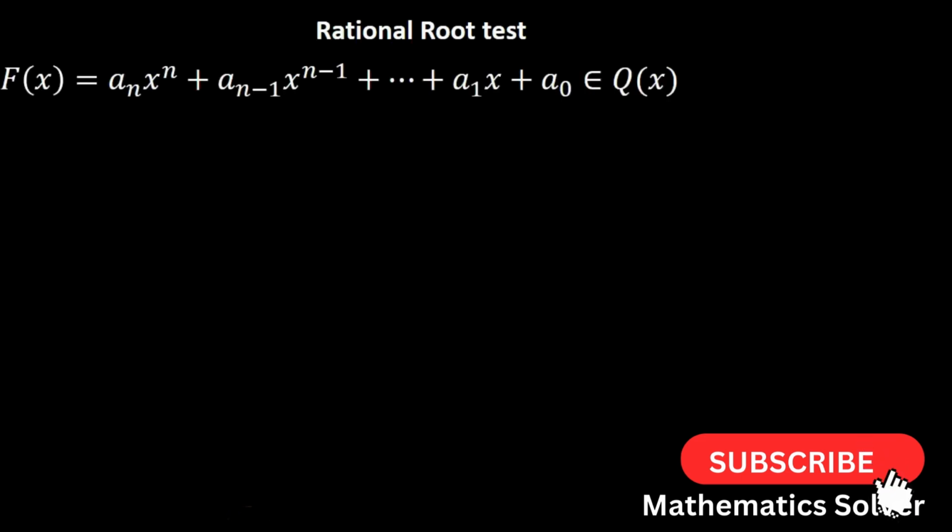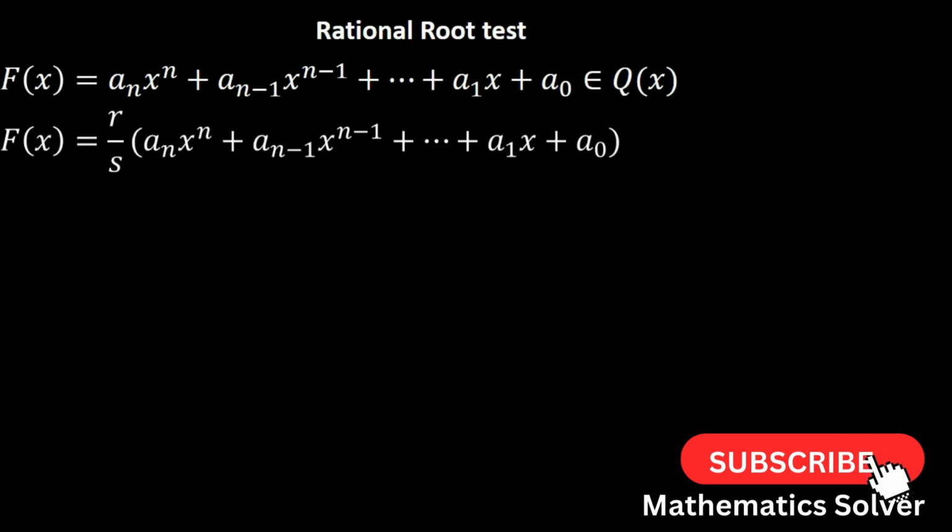Let's talk about the rational root test. Let f of x be a polynomial with integer coefficients, where the rational number r over s is a root of f of x, and the greatest common divisor of r and s is 1, and r is not equal to 0.